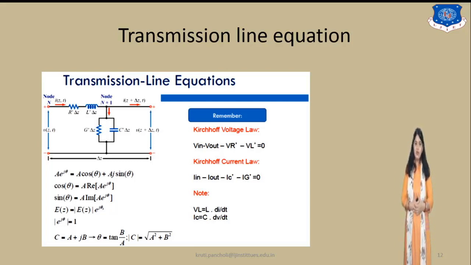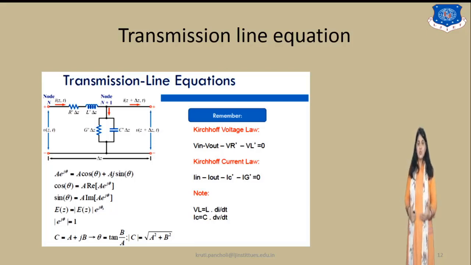So R dash delta Z is the resistance value, L dash delta Z is the inductance, G dash delta Z is the conductance value, and C dash delta Z is the capacitance. So those are the values for the transmission line.